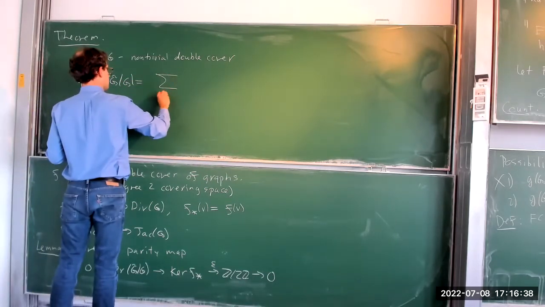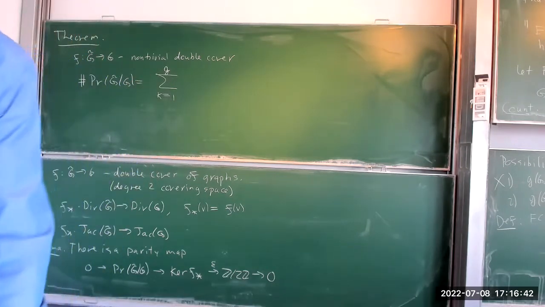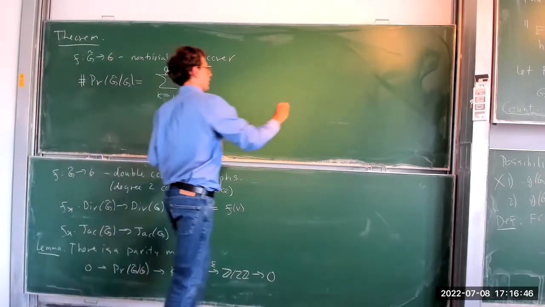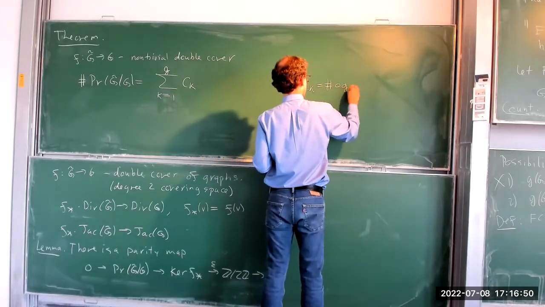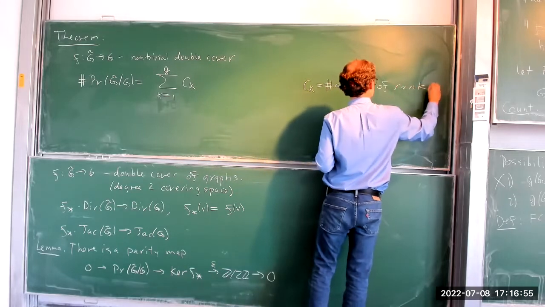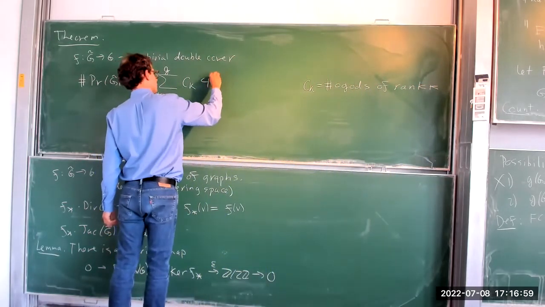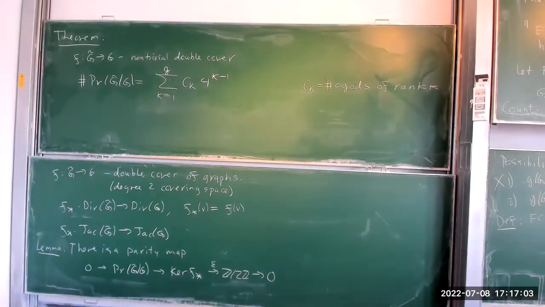You sum over all possible ranks, and the ranks can be from 1 to g, of c_k, where c_k is the number of OGODs of rank k. But now each of them is weighted with a coefficient which is 4 to the k minus 1. So OGODs with multiple connected components contribute much more heavily to the sum.